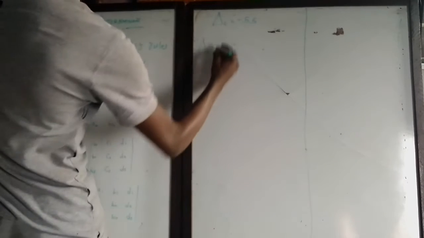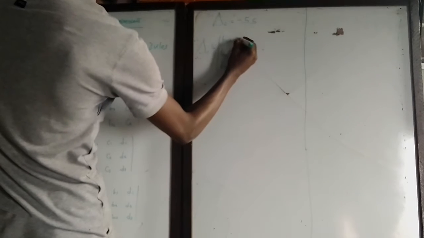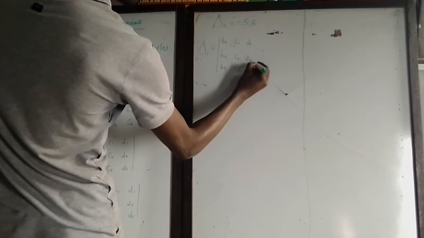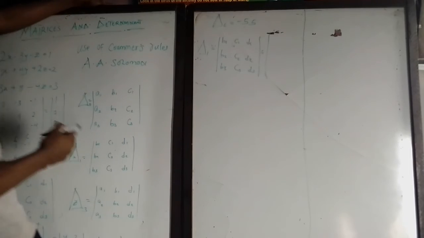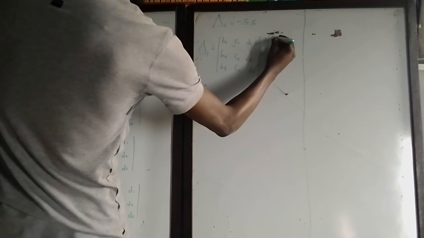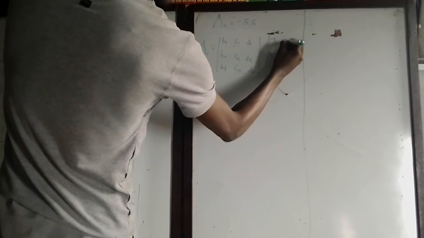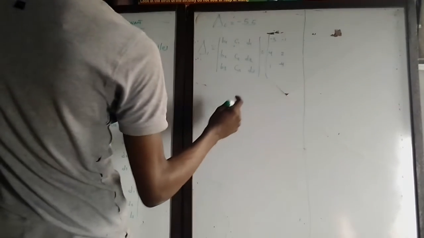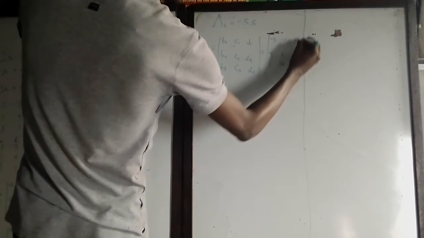Our determinant 1 formula says B1, B2, B3, C1, C2, C3, D1, D2, D3, which is also the same thing as minus 3, 4, 1, then minus 1, 2, 4, and minus 1, minus 2, minus 3.